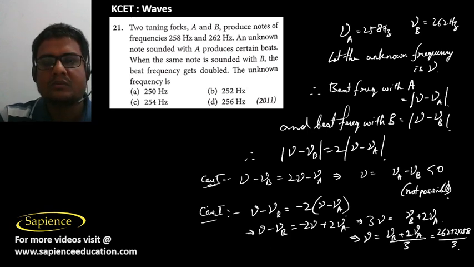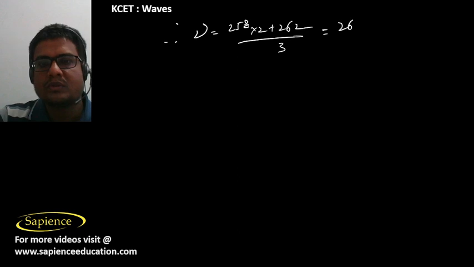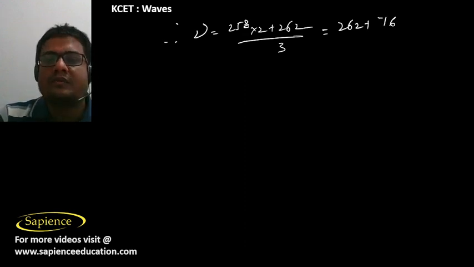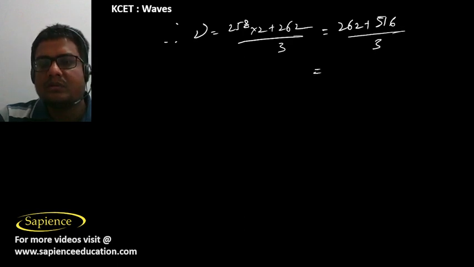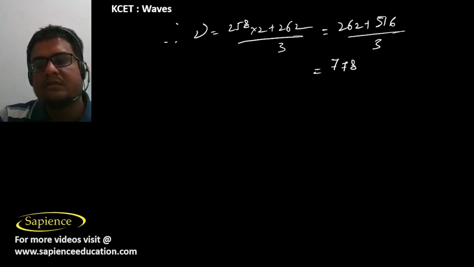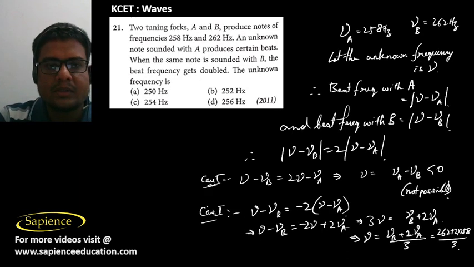So this will be equal to 262 plus 516 divided by 3, that is 778 divided by 3. So this is equal to 259.33.